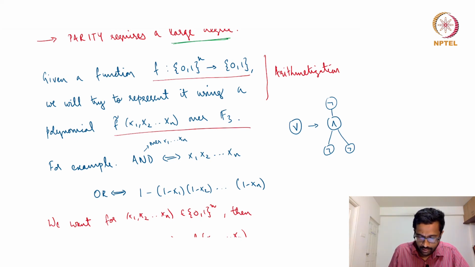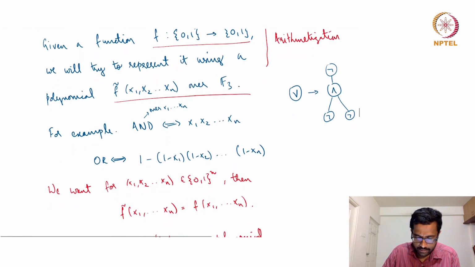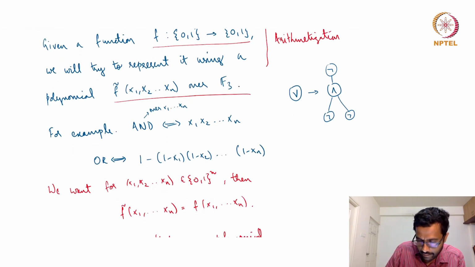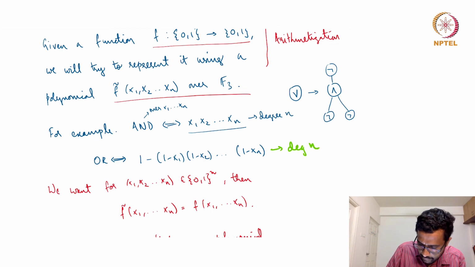So both AND and OR have representations using polynomials. But you can see that the degree of the AND representation is n. And even for the OR representation, the degree is n, right? Because if you compute it, there is an x1, x2 up to xn term.